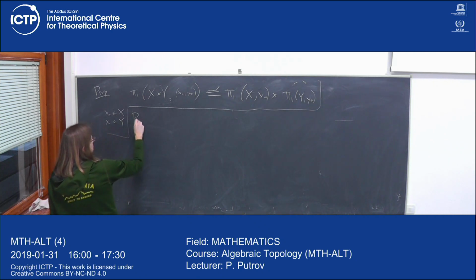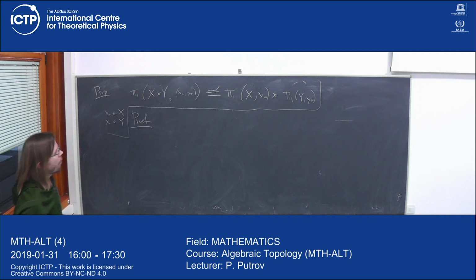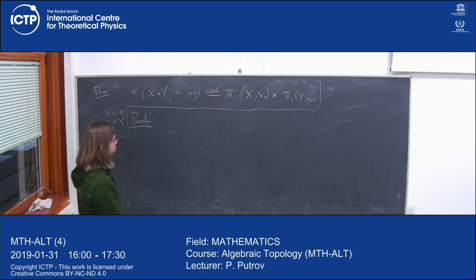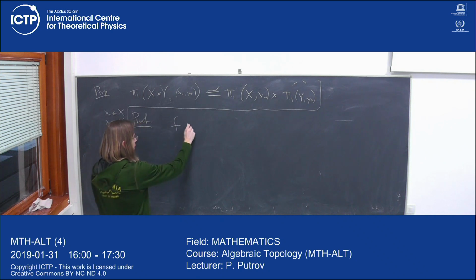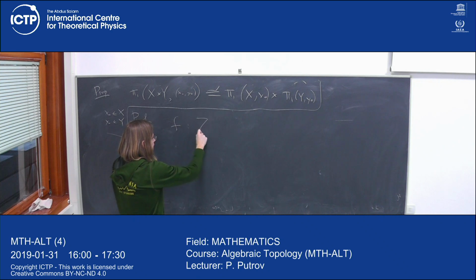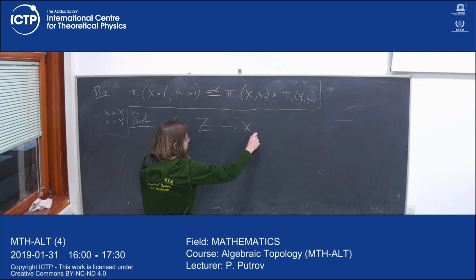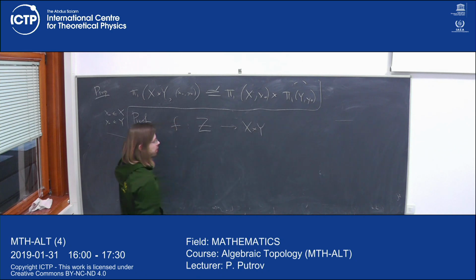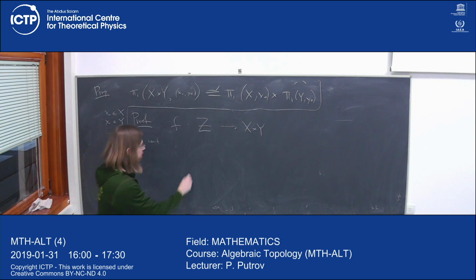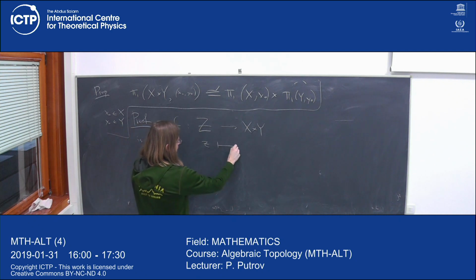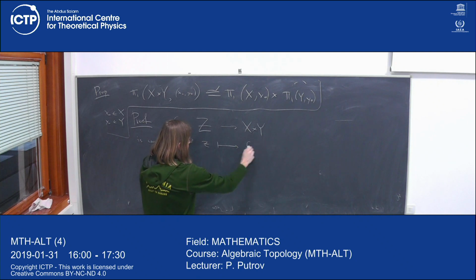So let us prove this. We want to use the following general fact: a function f from some topological space Z to X times Y. Suppose it is explicitly written down as follows.